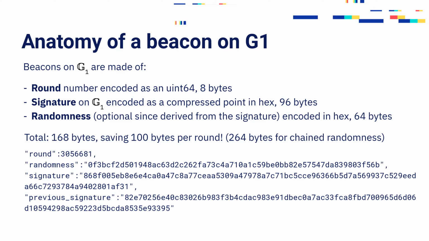The signatures are unpredictable and uniformly distributed on the G1 group here. And so when you map it to a bit string using a hash, it's going to be uniformly distributed, unpredictable and unbiased as well.